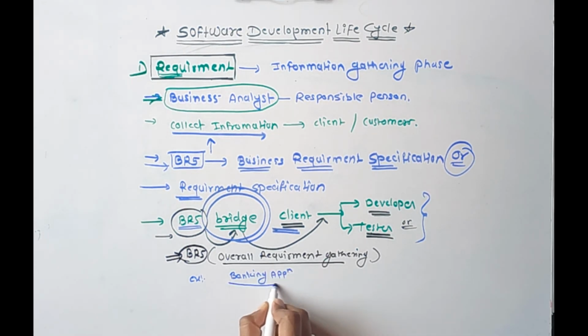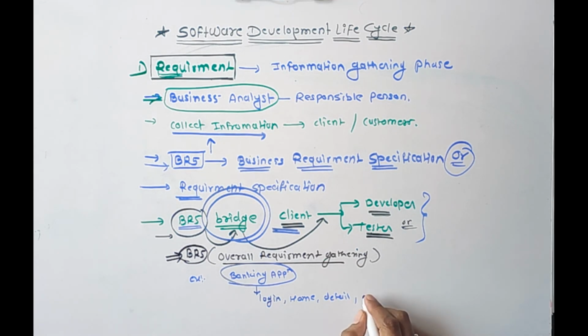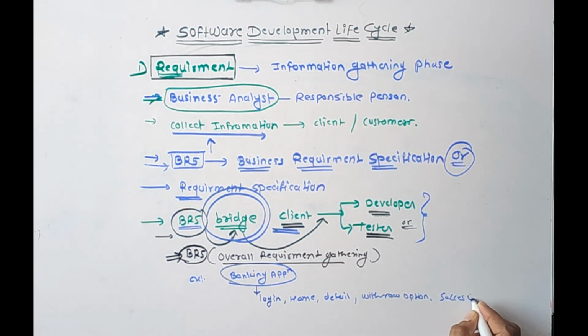The customer says I want one login page, then a home page, after that a details page, then a withdraw options page, and a successful payment page.